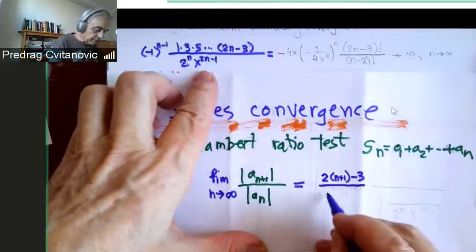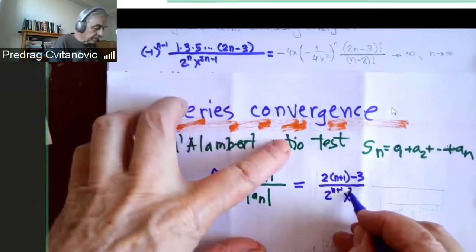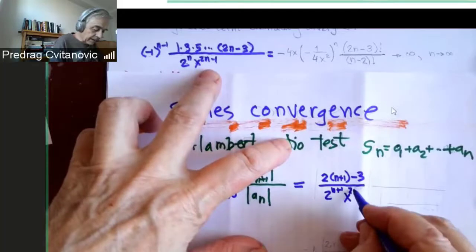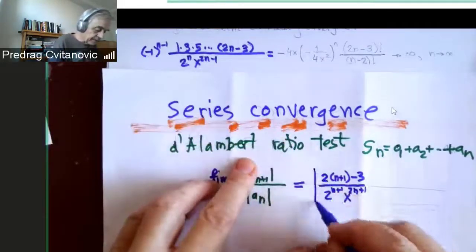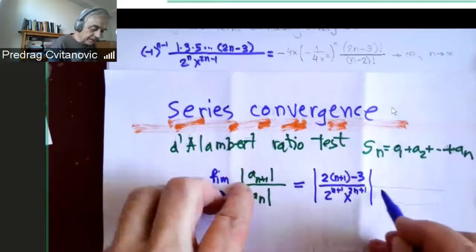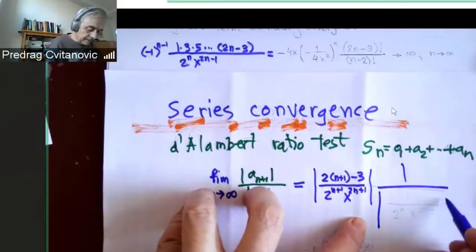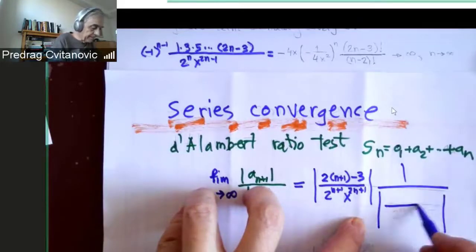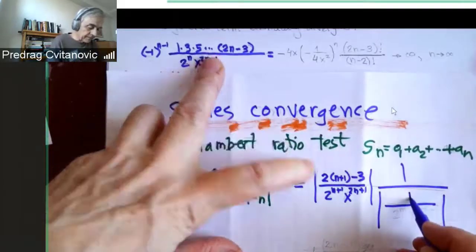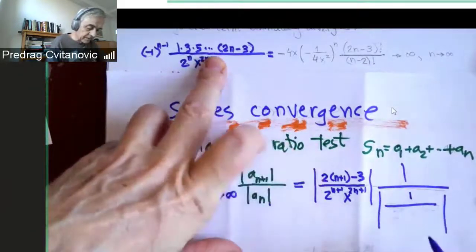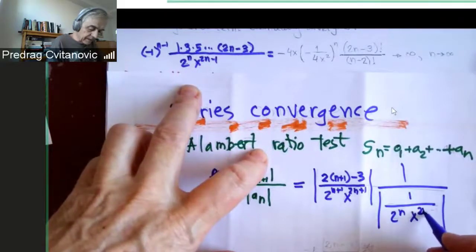Now this is 2 to the n plus 1 times 2n plus 1. So that's the denominator. I have to divide this by the previous value. It didn't have 2n plus 1, this particular term, so that goes away. This is 2n times 2n minus 1.